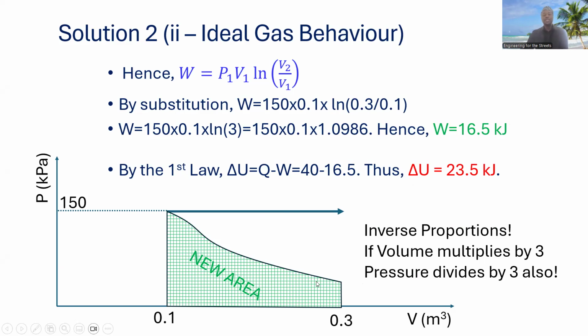Of course, we know that this is closer to how gases behave naturally than the isobaric condition. For an isobaric condition, you actually need to supply more energy to work against the constant pressure. So constant pressure is not a natural behavior of the gas, but it's imposed by an external power source.